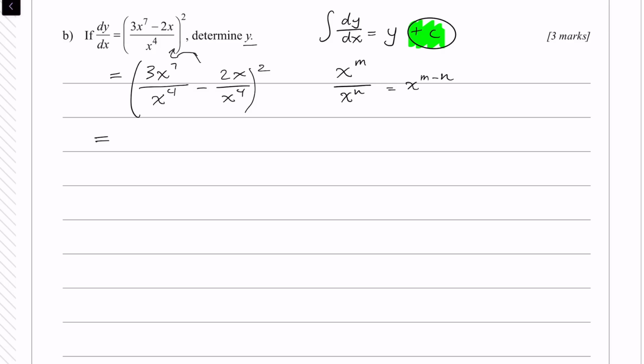So 3x cubed, since 7 minus 4 is 3. And then here, same thing, we keep the 2, but the x to the power of 1 on the numerator minus the x to the 4, which we're dividing by, is going to be x to the power of 1 minus 4, which is negative 3.